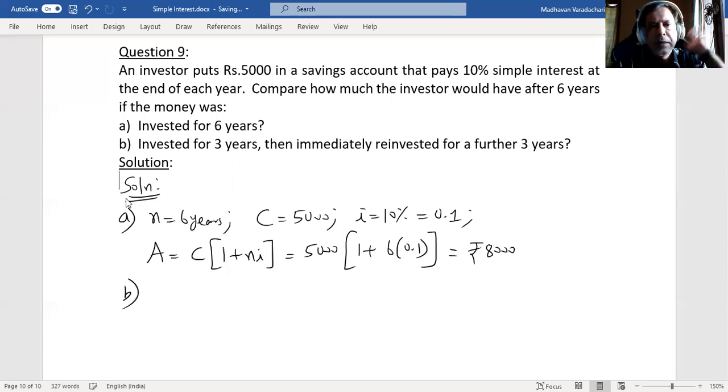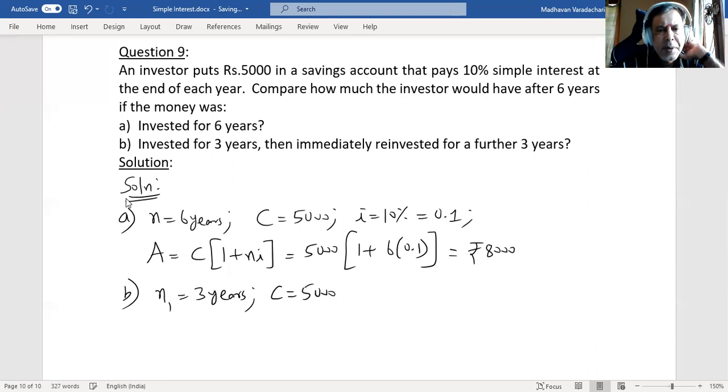Then the second part is invested for 3 years initially. So I will say N1 is 3 years. Capital is the same, initial principal is the same, 5,000. Interest rate is also 0.1.